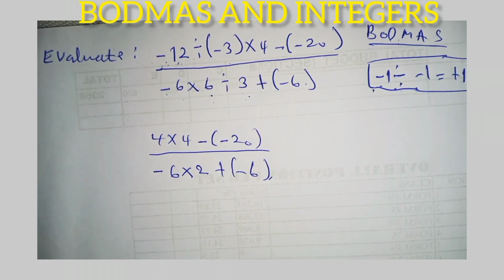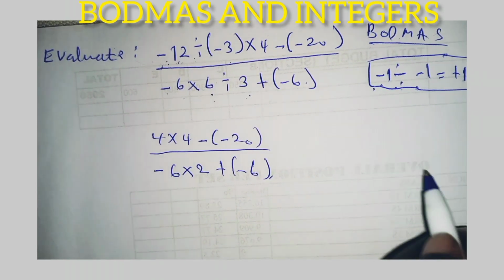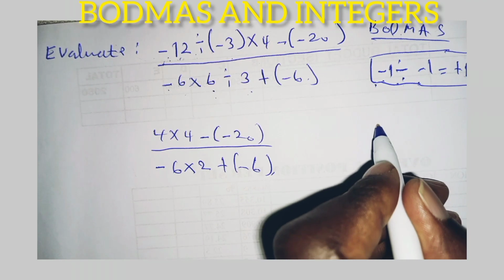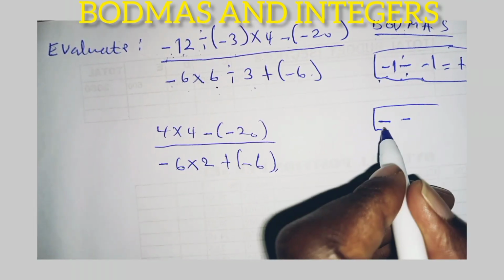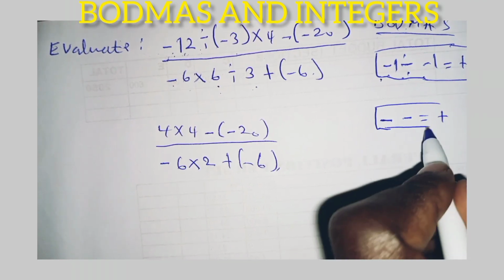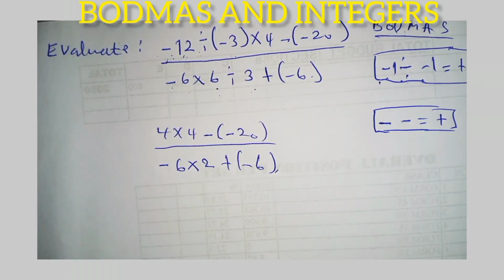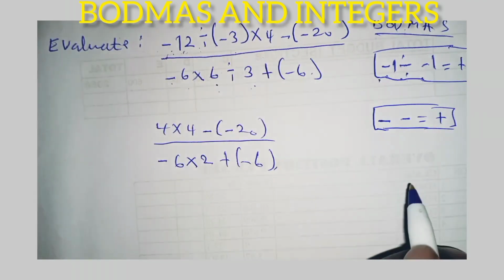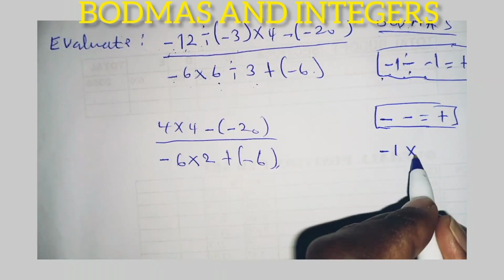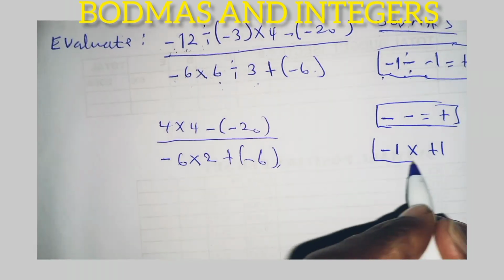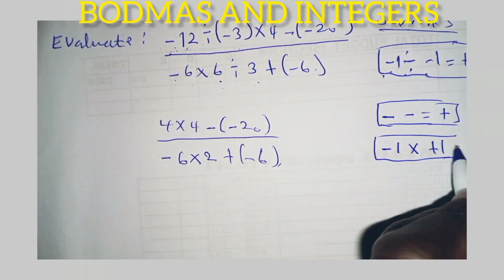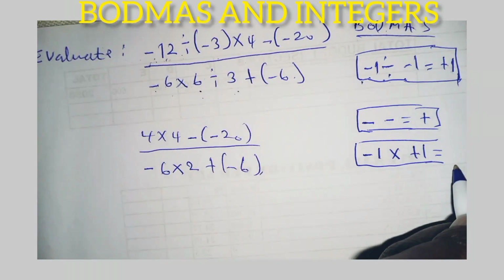Then at this level, we are going to make use of this rule of indices: negative followed by negative, the result is equal to positive. Another one is negative multiplied by positive, maybe 1, the result will be negative.